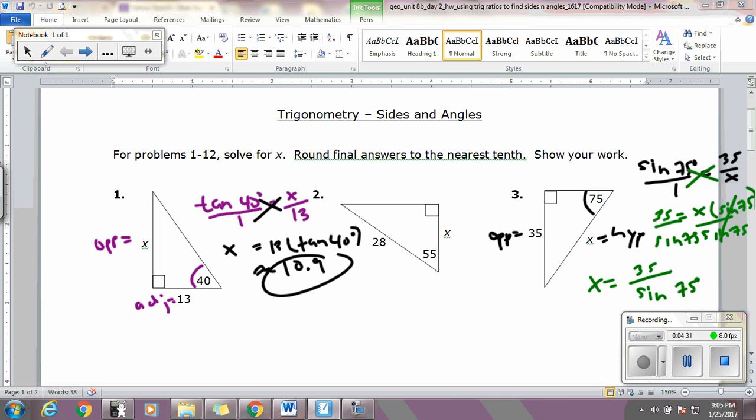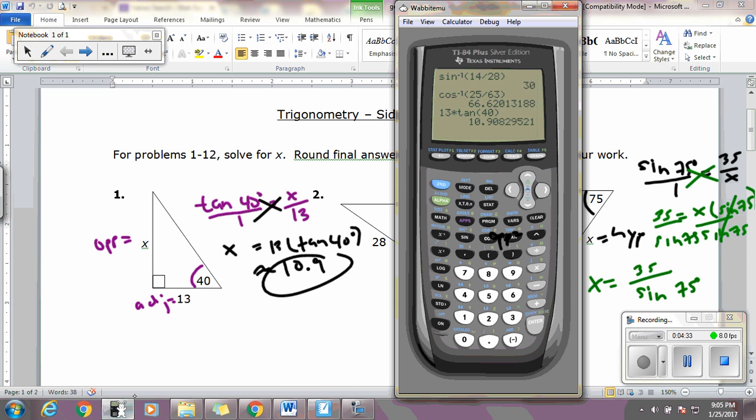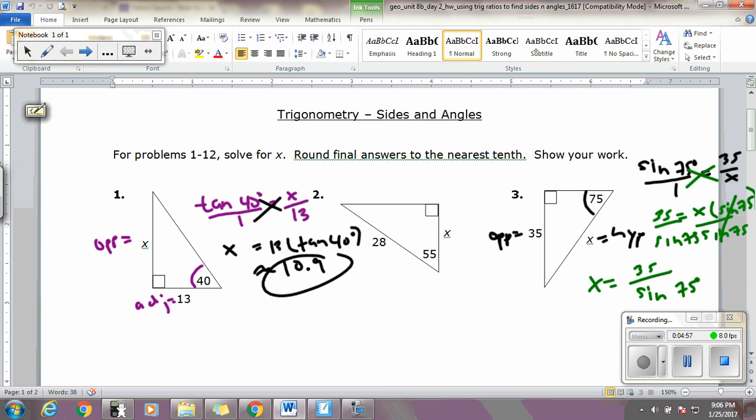And now let's grab our calculator. Off of y equals, 1, 35 at the top, over sine 75 at the bottom. It's about 36.2 once you round.